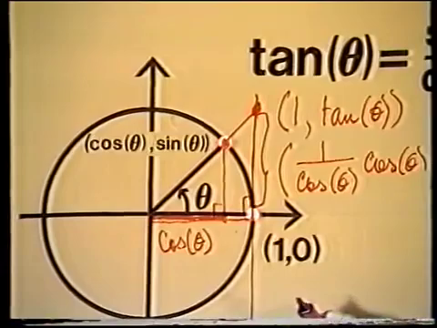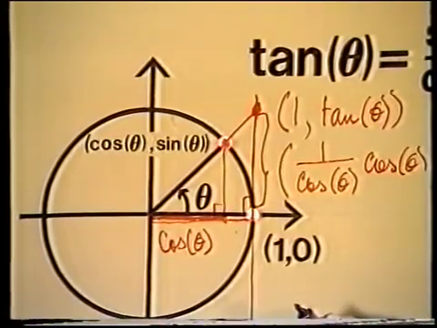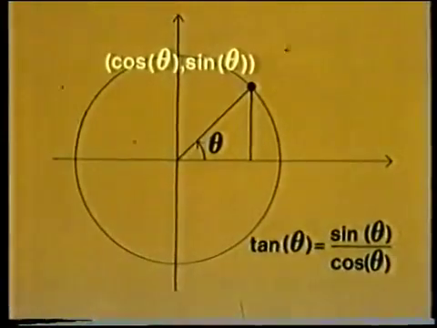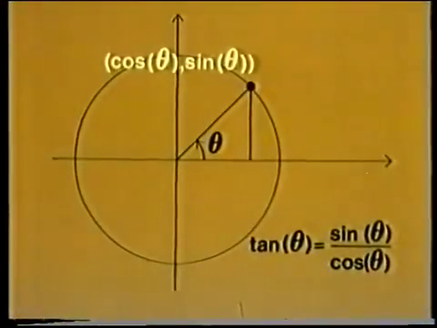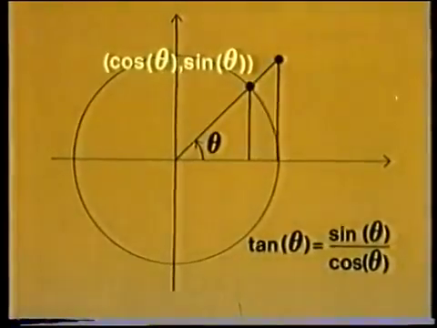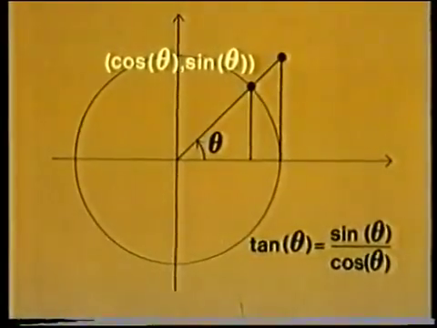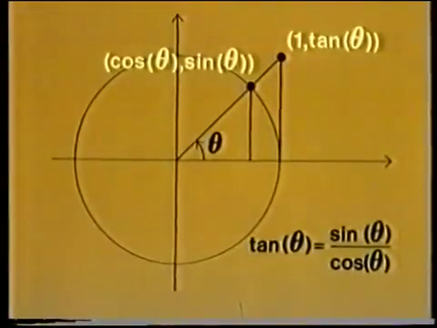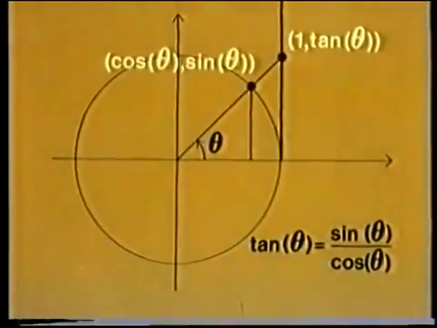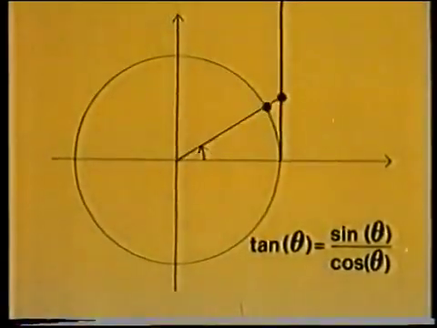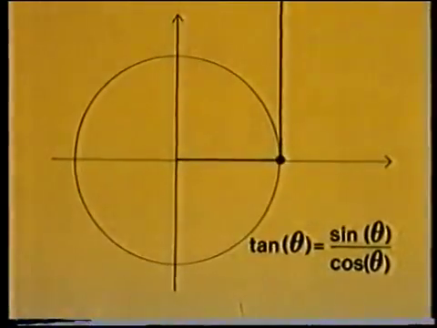So let's now use this picture of tan theta to explore some of its values. So, to find tan theta, we start from cosine theta, sine theta and dilate by a factor of 1 over cosine theta. So cosine theta, sine theta dilates to 1, tan theta. So tan theta is the y-coordinate of a point on the tangent to the circle through 1, 0.